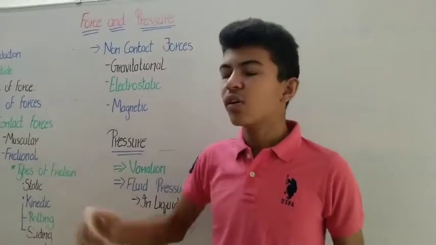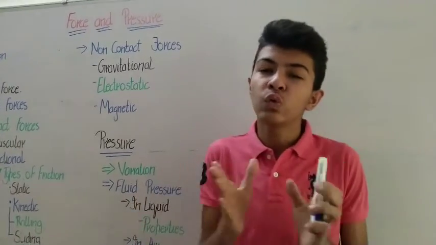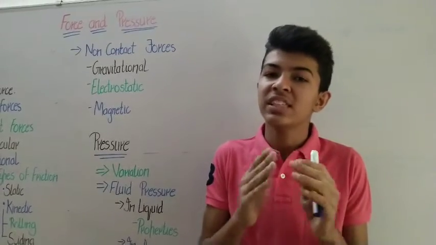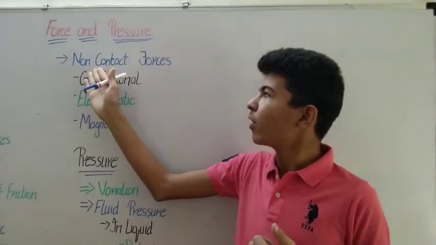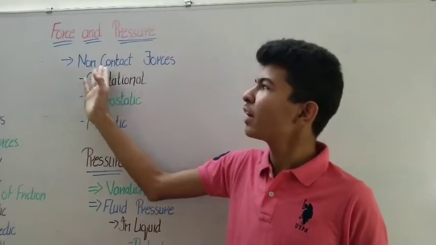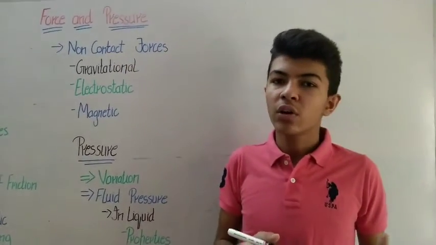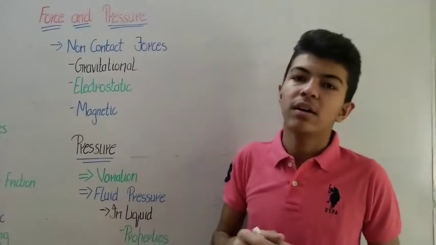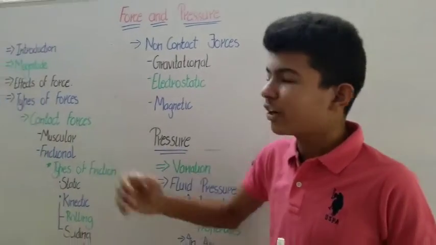What is the difference between them? As the word suggests, contact forces work when two surfaces or two bodies are in contact, meaning they are touching each other. Non-contact forces are the opposite of contact forces. They do not require contact to make the force work.